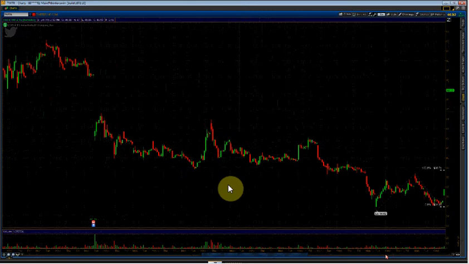So how do I pick my strike price? Let's start with the strike price. How do I pick the strike price if I'm using Fibonacci extensions for my trade?